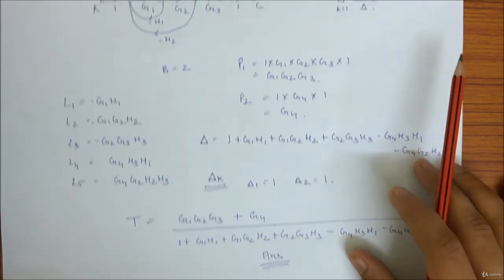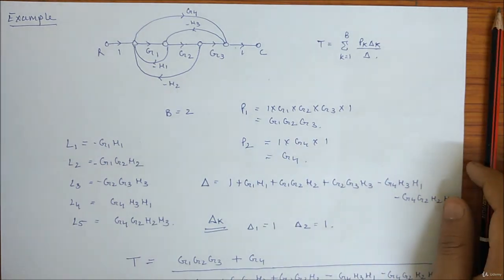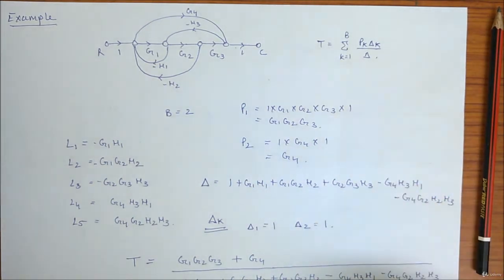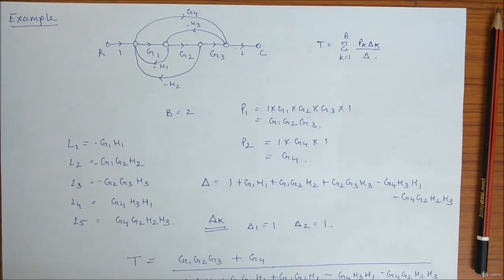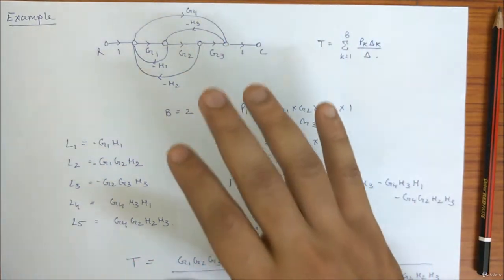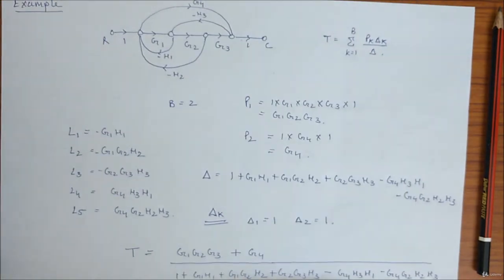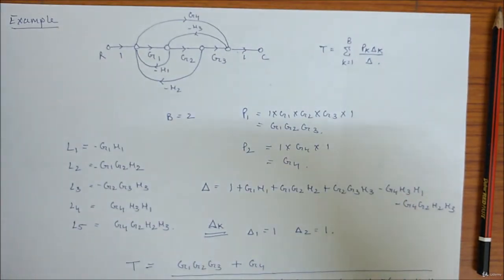So you can see there is no need to draw all the loops, all the non-touching loops. You should be writing those stuff whenever you are not sure about the answer. Else I will suggest try to get in practice so you can directly write the transfer function. This will be helpful when you are dealing with objective type questions.